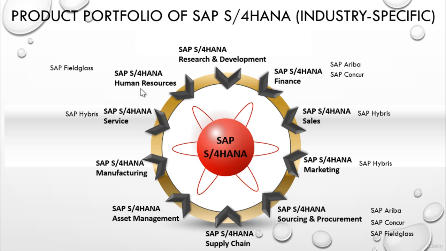It is another cloud-based vendor management system to manage services, procurement, and external workforce management programs, and it is integrated with SAP S4HANA Sourcing and Procurement and Human Resources. Finally, SAP SuccessFactors. It is cloud-based software for human capital management and is integrated with SAP S4HANA Human Resources.